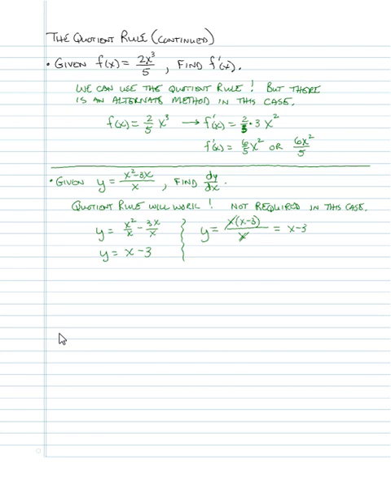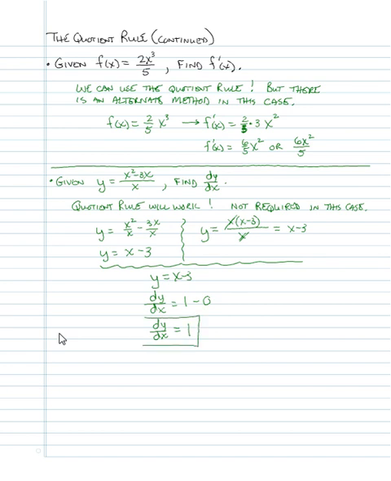But nevertheless, no matter how we look at this, we've simplified this to y is equal to x minus 3. So to find the derivative of y with respect to x, well, that's the derivative of x, which is just 1, minus the derivative of 3, which is 0. And so we have simply the derivative of y with respect to x is equal to 1.